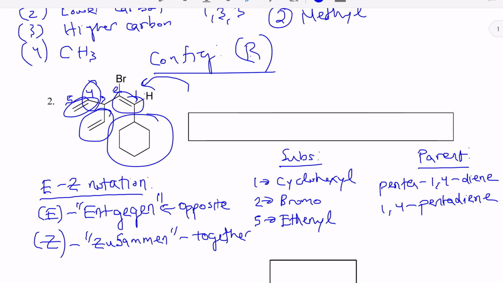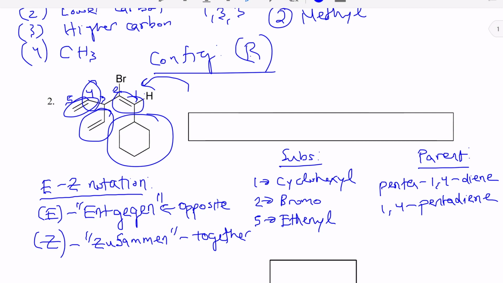In this notation, we can assign an alkene group a stereochemical configuration of E or Z. These come from German words, which I will not try to pronounce out of fear of butchering it, but I just added them there as reference.